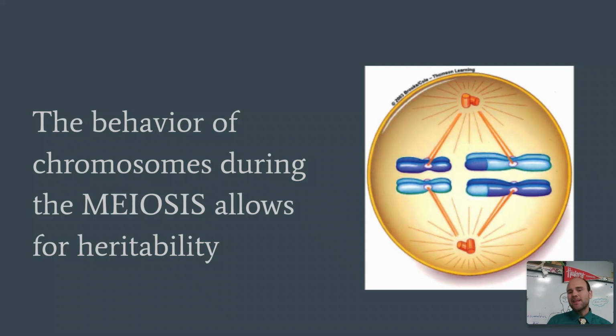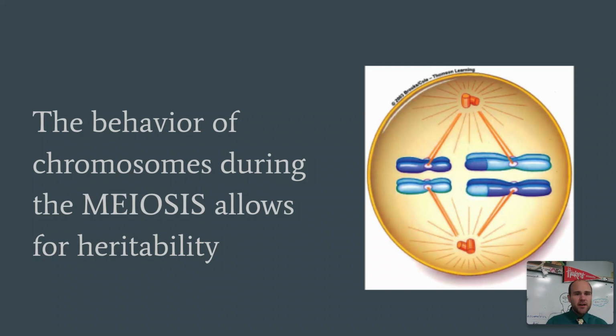If you'll remember, I really harped on the law of independent assortment. Remember, we've got teal and dark blue chromosomes here. They could line up teal, teal, teal, dark blue, teal, dark blue, dark blue. And so when these split, these two going to this side and these two going to this side, that's going to determine the gametes.